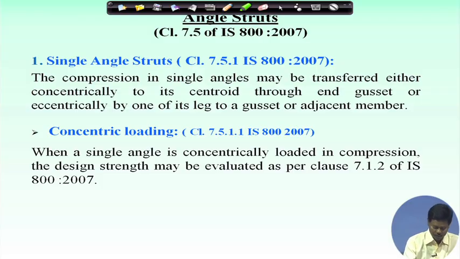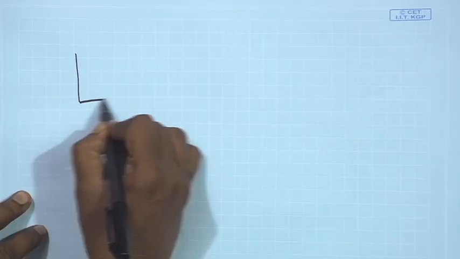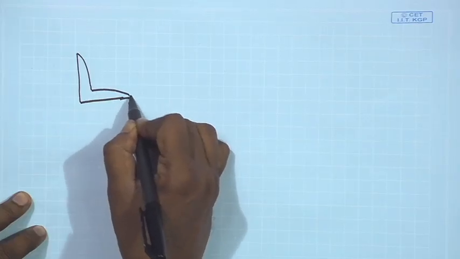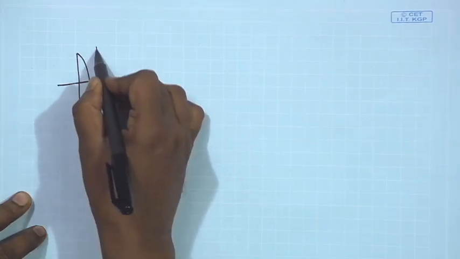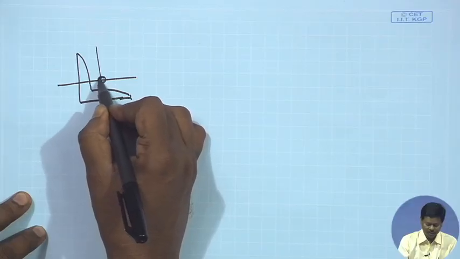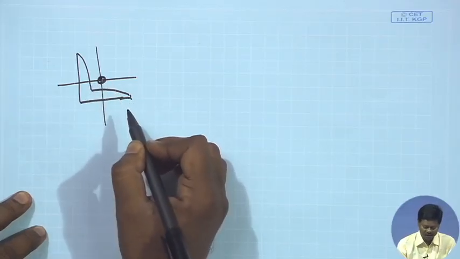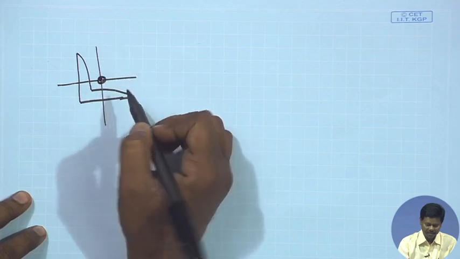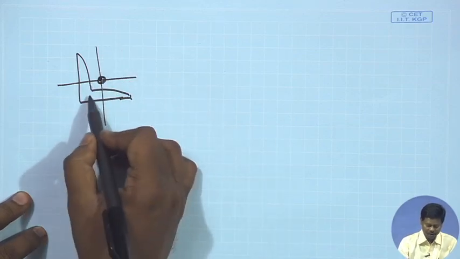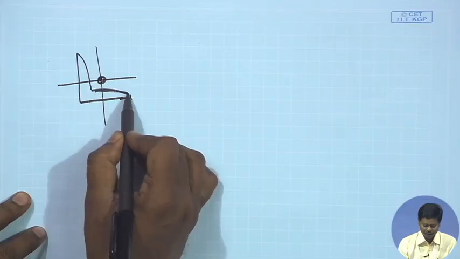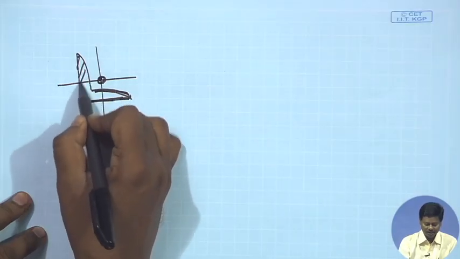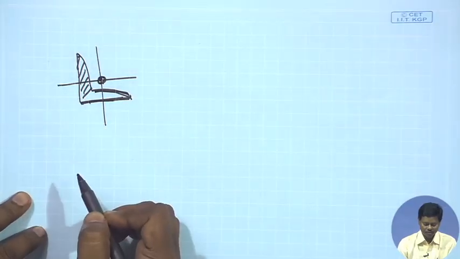That means, when an angle section is loaded with axial compression, either the compressive load will be transferred through the CG of this angle section by the use of end gusset plate, or it may be transferred through one of its legs, maybe through this leg or through this leg.